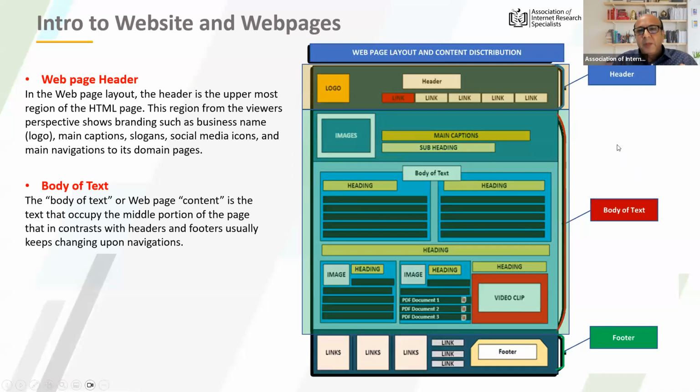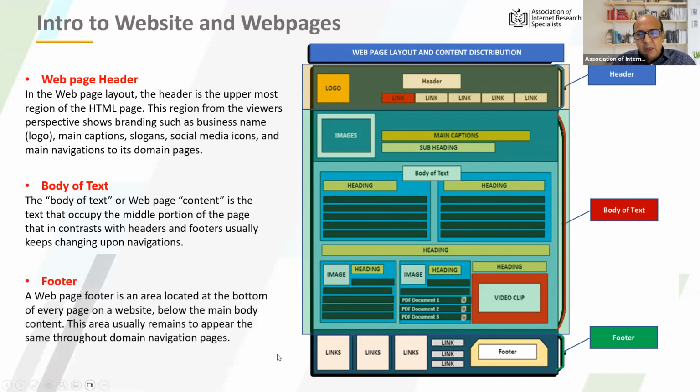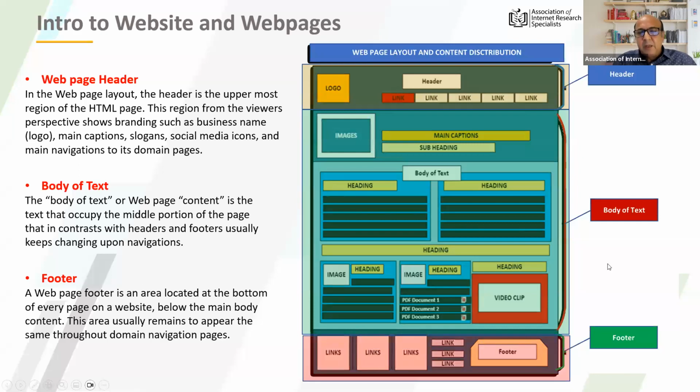Anytime you are on a website, mostly what changes or brings the information for display is the middle portion, or the belly of it, the body of text. The top portion remains intact and doesn't change much. What changes is the body of text, and even the footer remains constant. And what is the footer? The footer is this part right here.